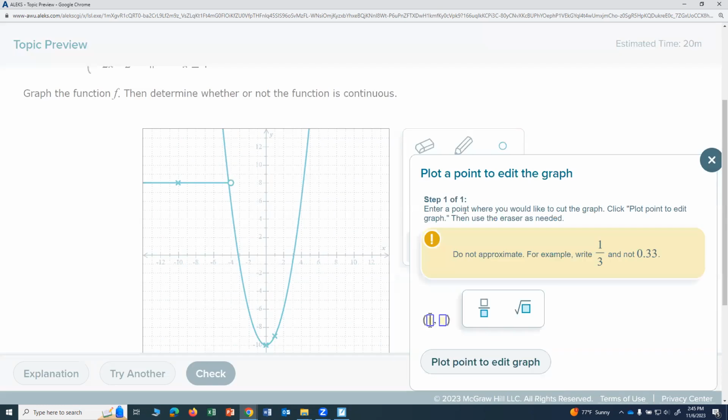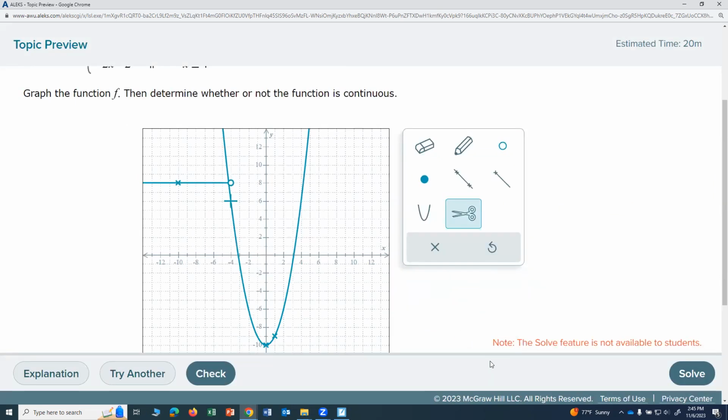So I select the cutting tool. I'll put in negative 4, positive 6, plot point to edit graph. And then I select the eraser and erase the portion of the parabola that's to the left of that.